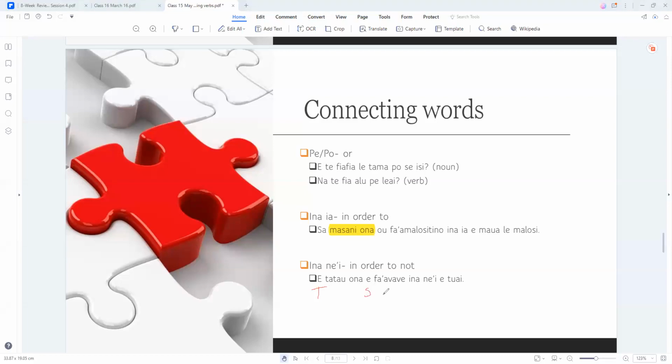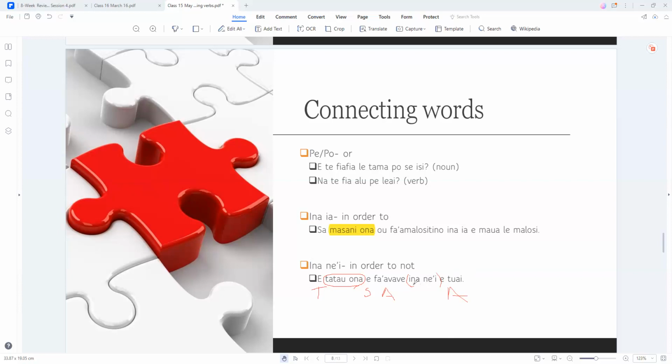E fa'avave, then we have ne'i, and that's a whole action phrase. This is our tatao, and that's the subject. You should hurry in order to not be late.